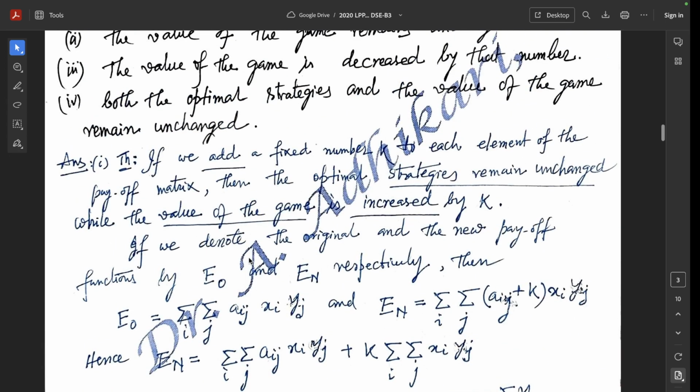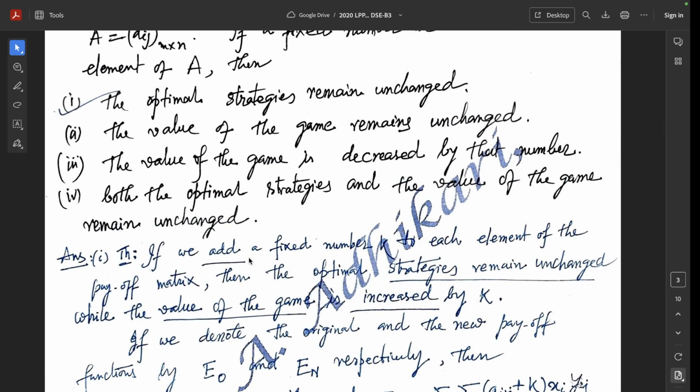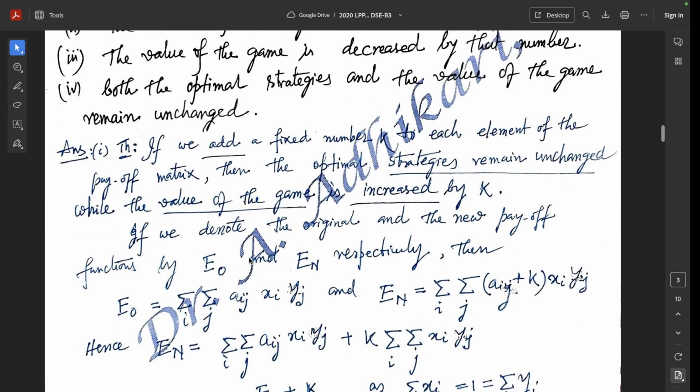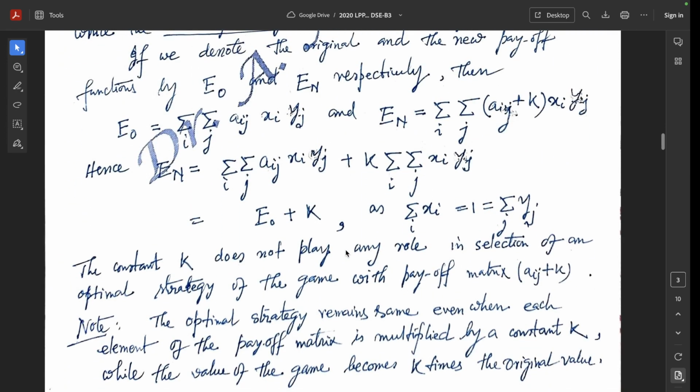So correct option is 1. Optimal strategies remain unchanged. Only the value of the game is increased by k. Note that the optimal strategies remain the same even when each element of the payoff matrix is multiplied by a constant k, while the value of the game becomes k times the original value.